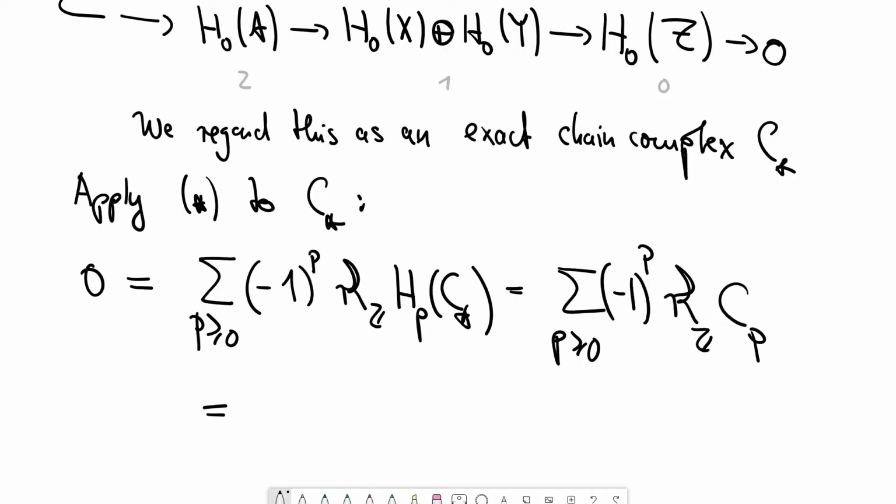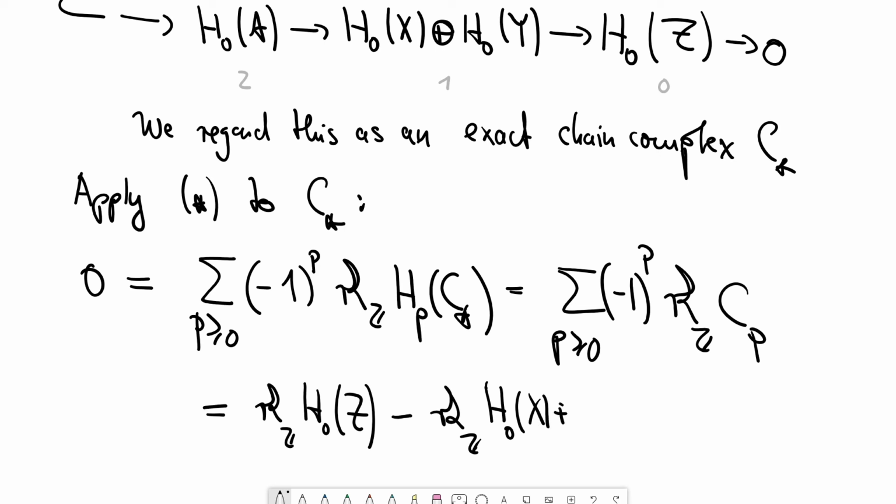So this is C0, which was just H0. And then minus the rank of H0x plus H0y.